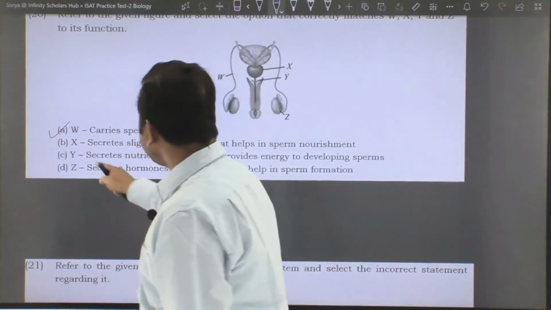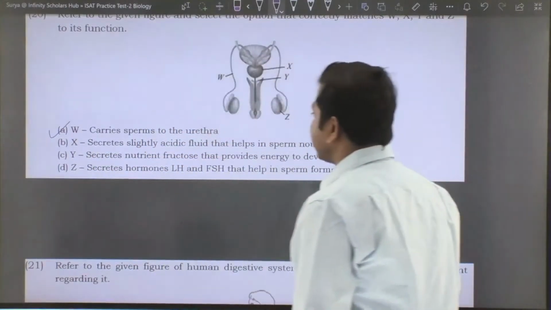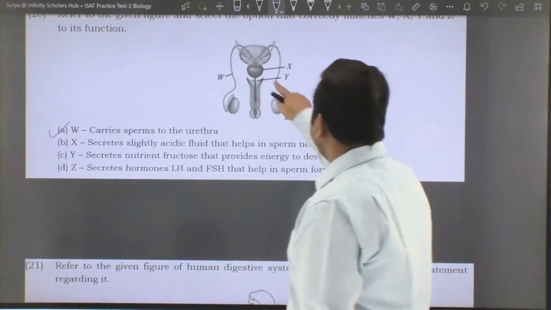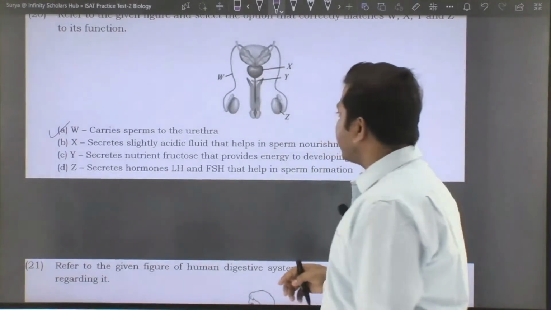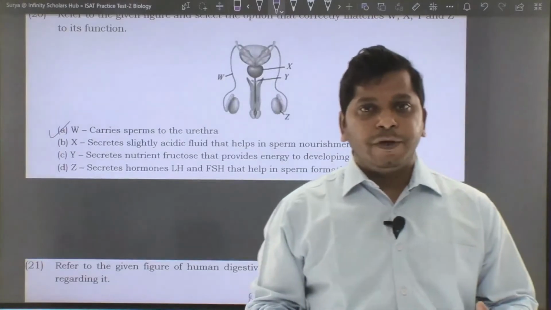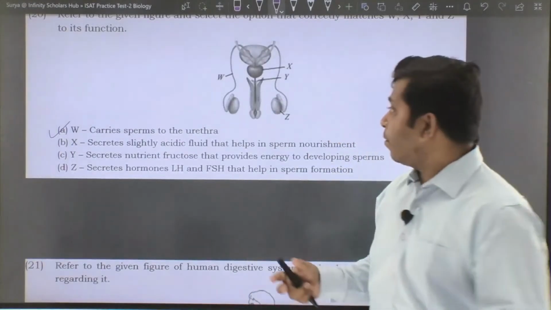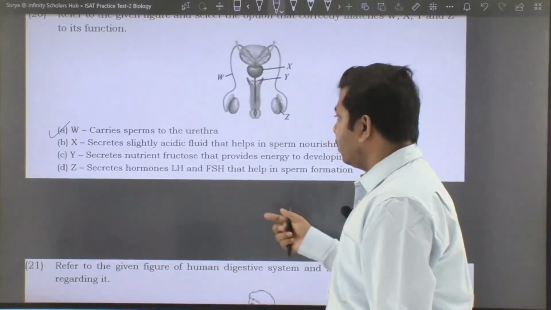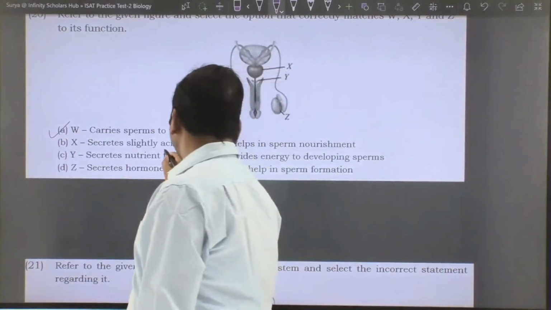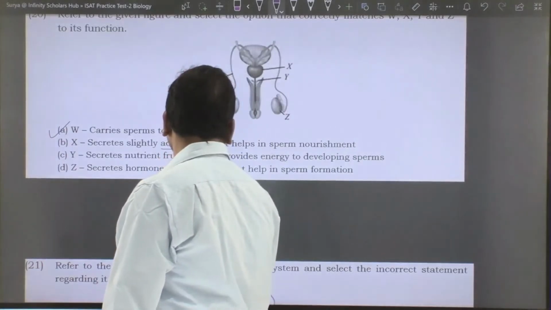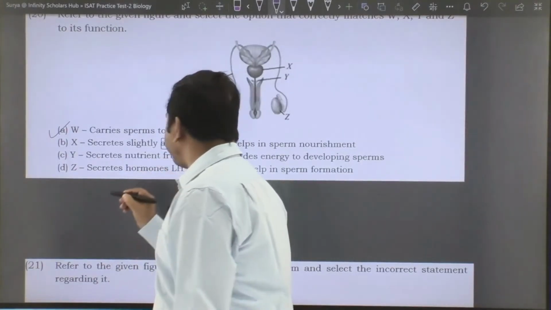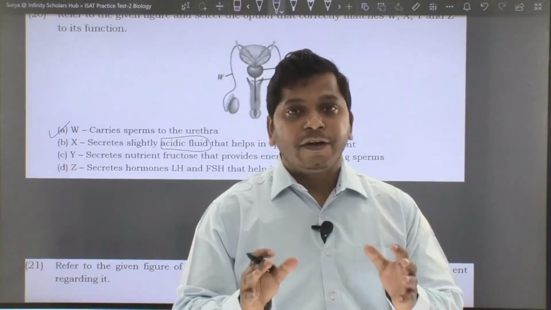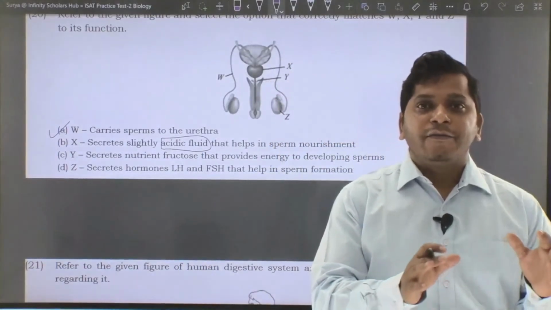Okay, X secretes a slightly acidic fluid that helps in the sperm nourishment. X is the prostate gland. The prostate gland produces the fluid which is a part of the semen, but it secretes an alkaline fluid, not an acidic fluid. So this is going to be wrong, because we know that the pH of the female reproductive system, especially the vagina, is very low, around 4.4 to 4.5.